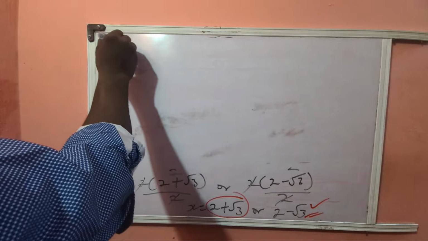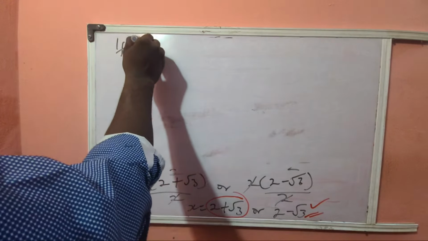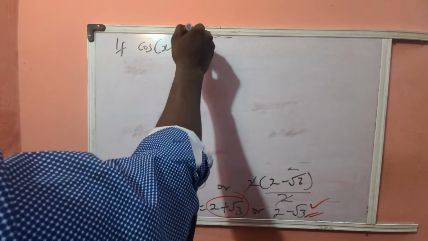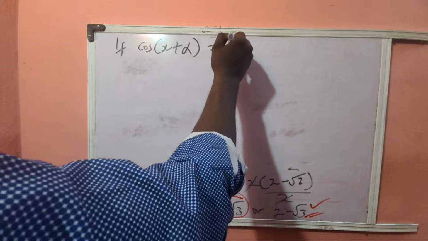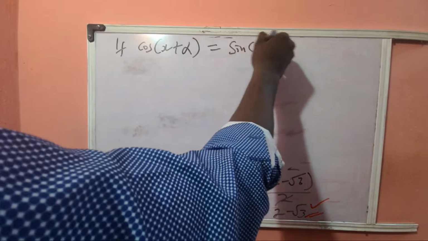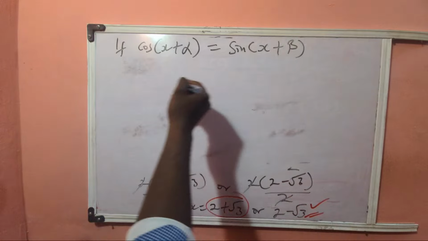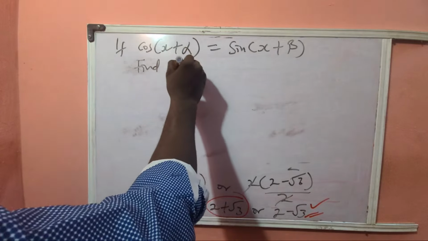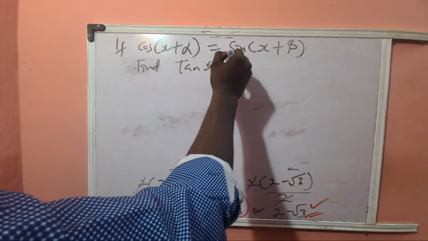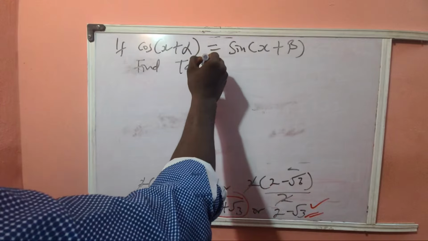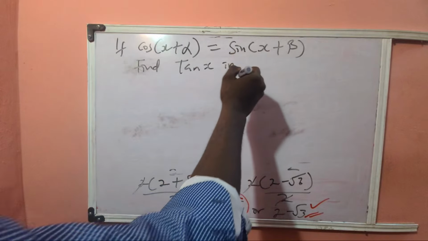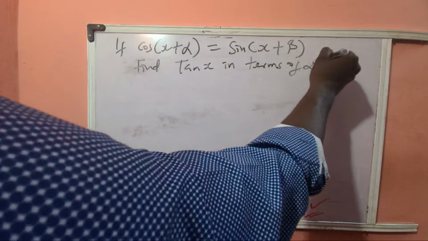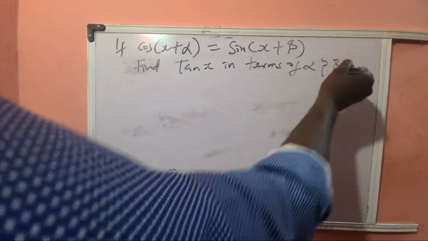So we're told that if the cos of x plus alpha is equal to the sine of x plus beta, we're then told to find the tan of x, and we're told to leave our answer in terms of alpha and beta.